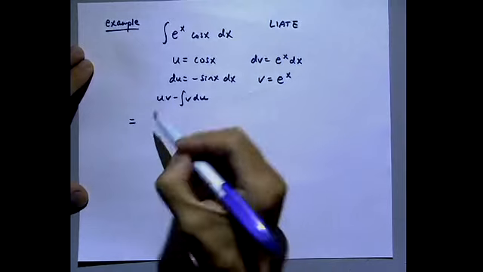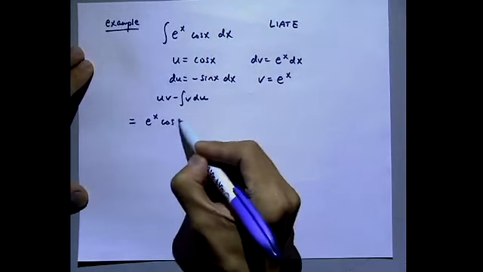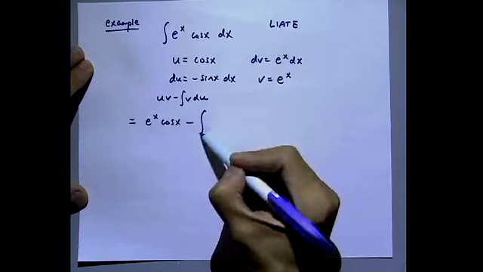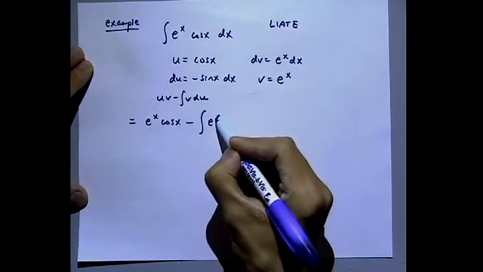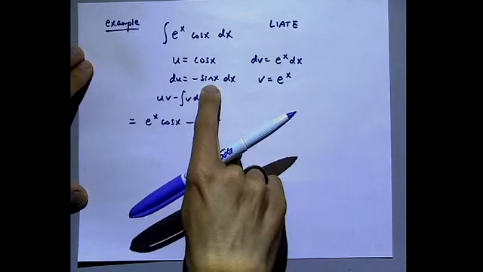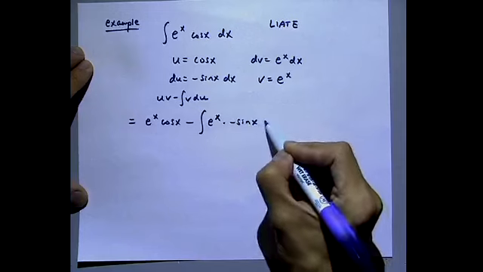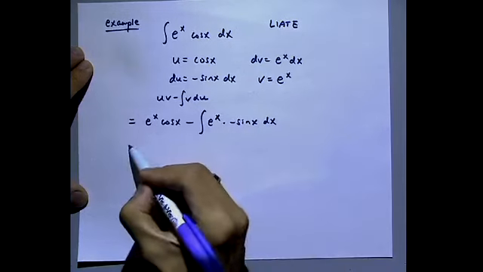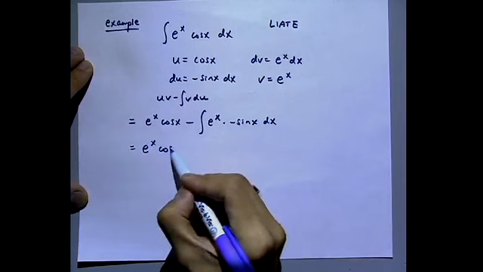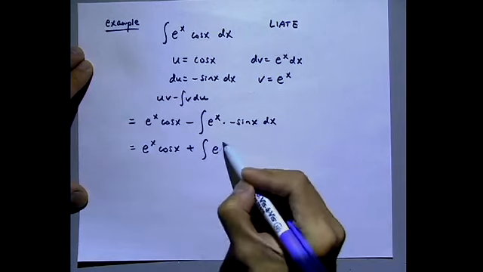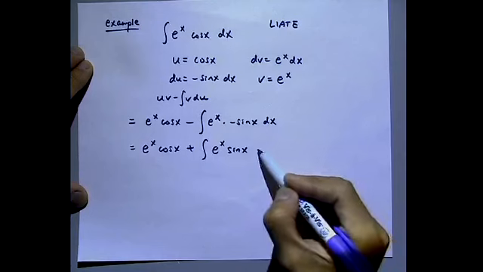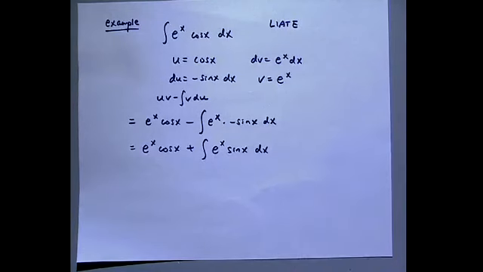All right, then uv is e to the x cosine of x, minus the integral of e to the x times minus sine of x. And the 2 minuses turn into a plus. Okay, what's that?